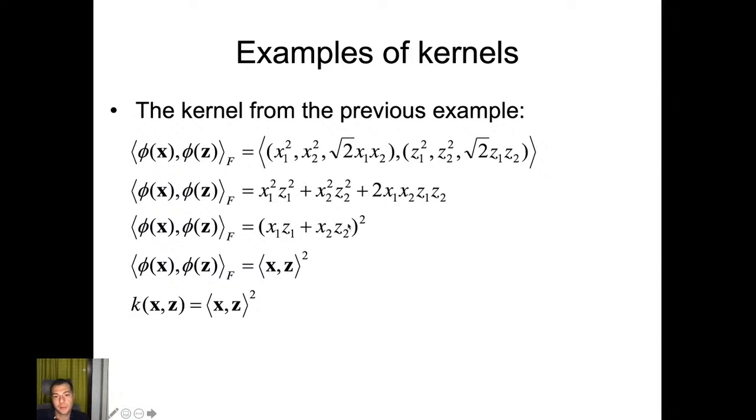Here we have the Newton binomial, and it is equal to x1 z1 plus x2 z2 all to the power of 2, and this is actually the scalar product between the vectors x and z. So we obtain this equation.